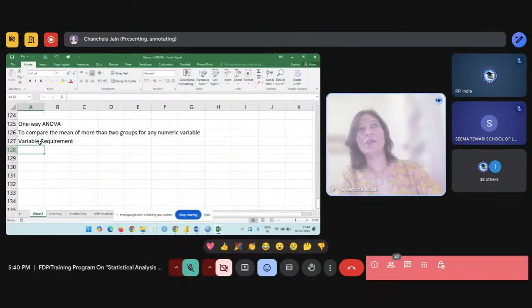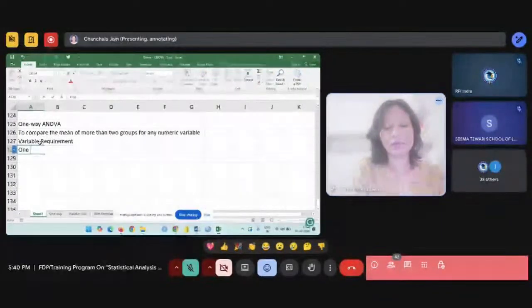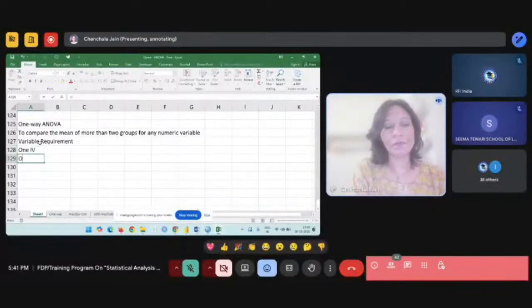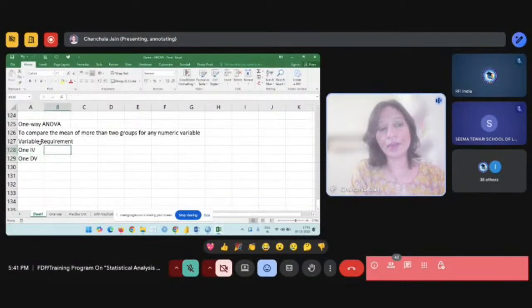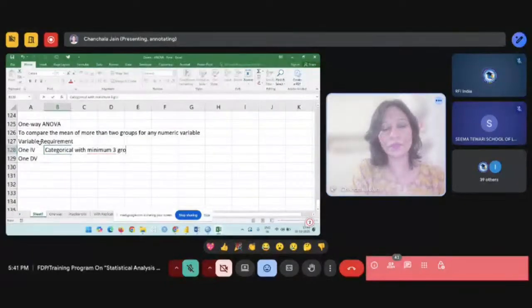This will say we will be having one IV and one DV. IV is the independent variable, so we need to have one categorical variable with minimum 3 groups or categories.